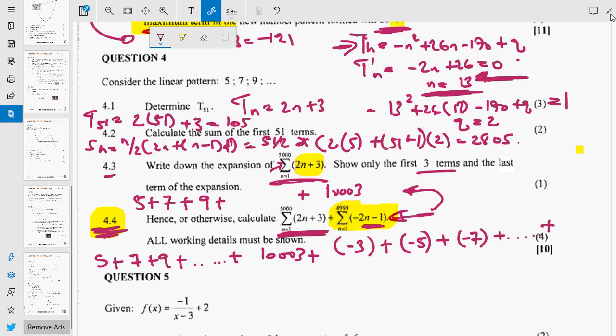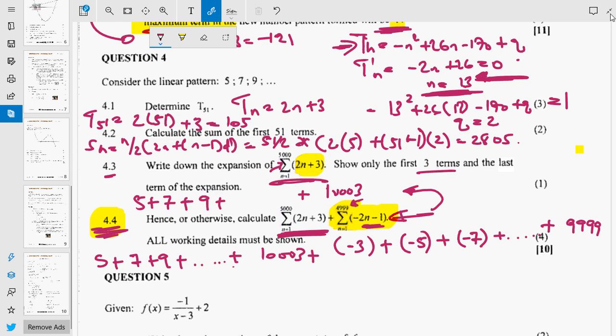Plus, all the way to the last term of the series, because this stops at 4,999, then when I substitute, when I say minus 2 times 4,999 minus 1, I'm going to get the last term here. And the last term here is 9,999. Now, it's a little bit tricky to see what is going on, because the only thing we are writing here is the last term of the expansion.